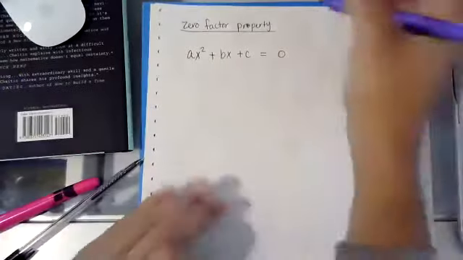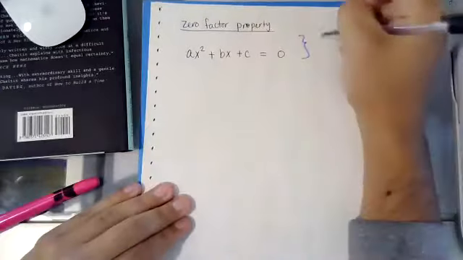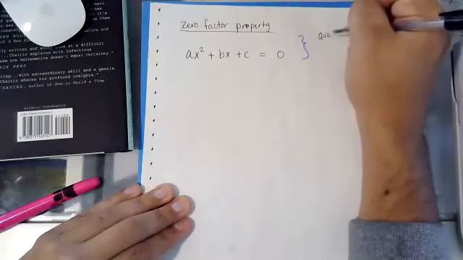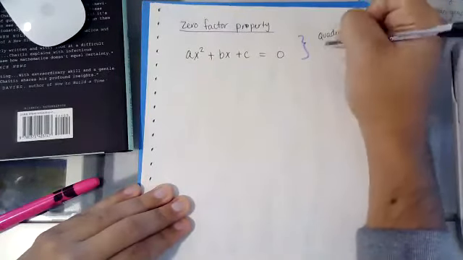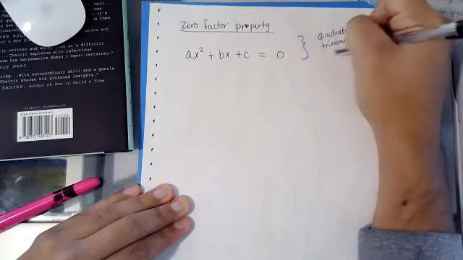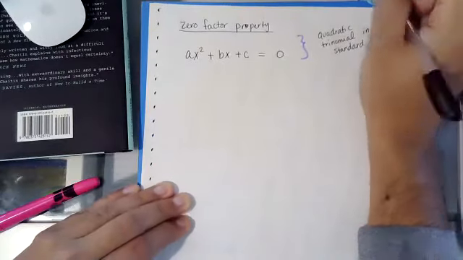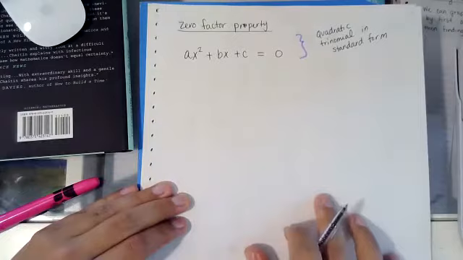So let me label this a little bit. This is a quadratic trinomial in standard form. And standard form is always set equal to 0.